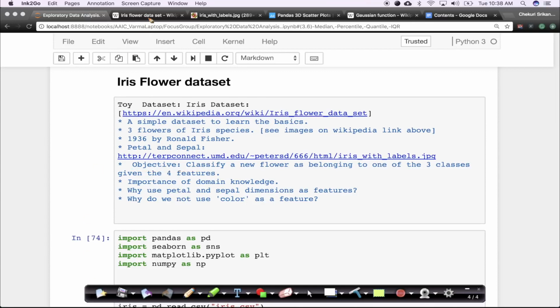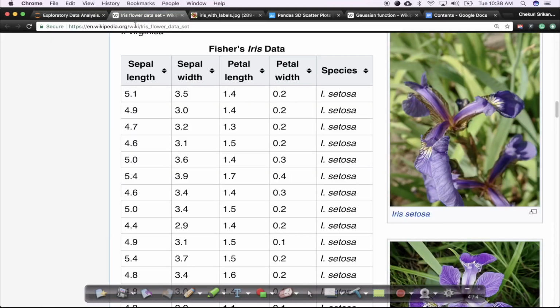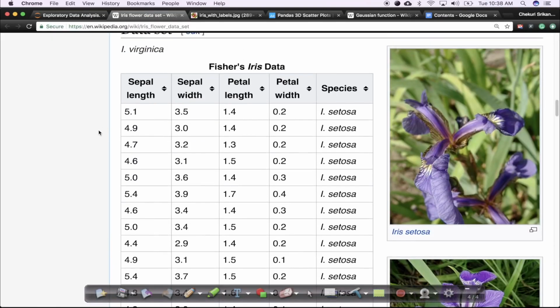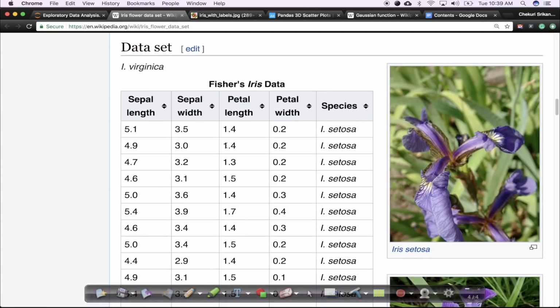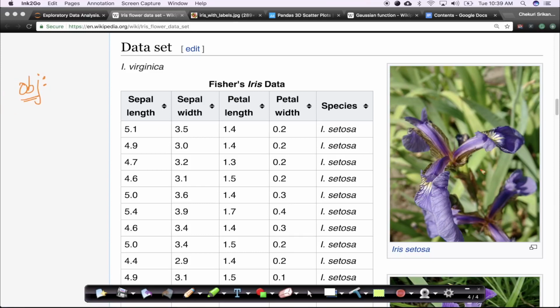Given a new flower, our task here, which is very important when we're doing data analysis, is that we need to always keep in mind what our task at hand is, because that determines what type of analysis, what type of plotting we would do. So let's understand our objective here. Given a new flower, let's assume there is a garden. The garden has 3 types of flowers: Iris setosa, versicolor, and virginica.